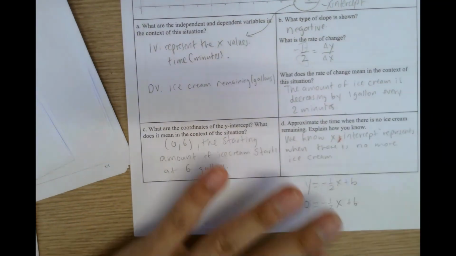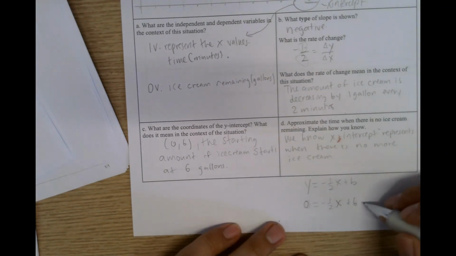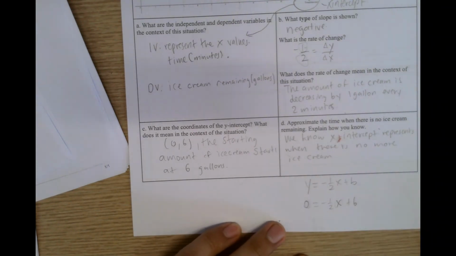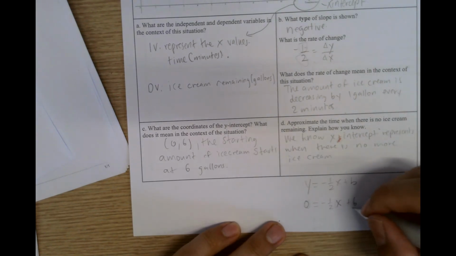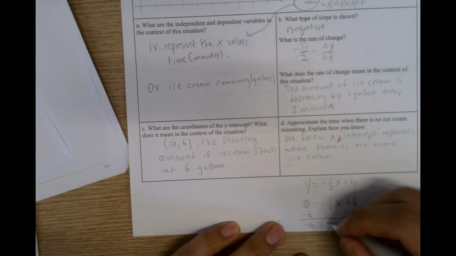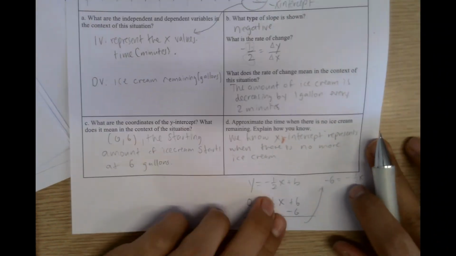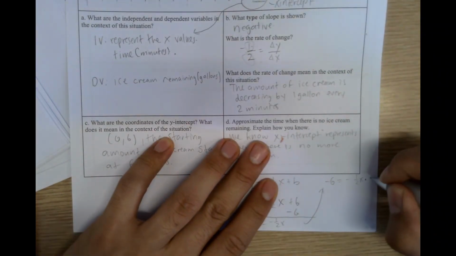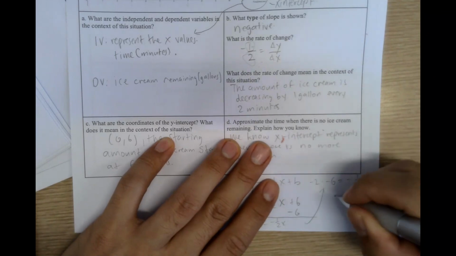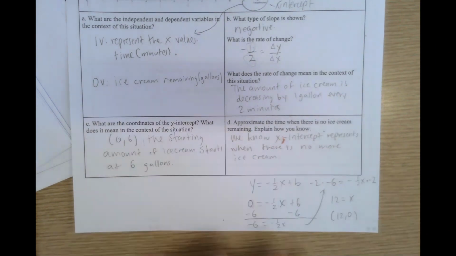So what we can do is plug in our b, which is our y-intercept, and then plug in 0 for y. We could subtract from both sides. So here, to get rid of the -1/2, we multiply by -2 on both sides, and we get 12 is equal to x, or we get 12, 0 as our x-intercept.